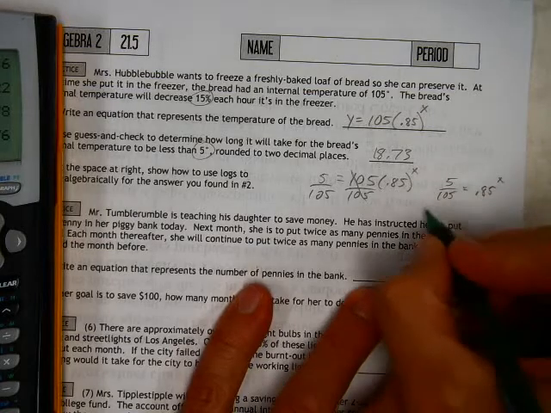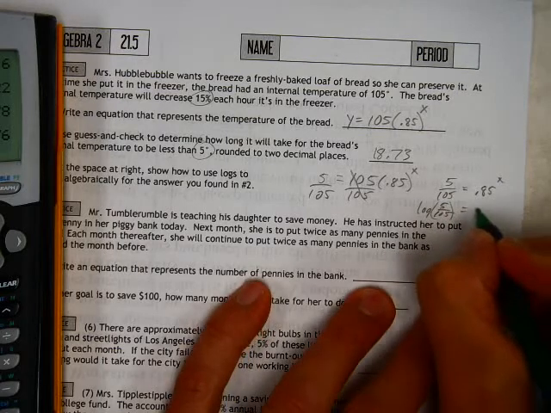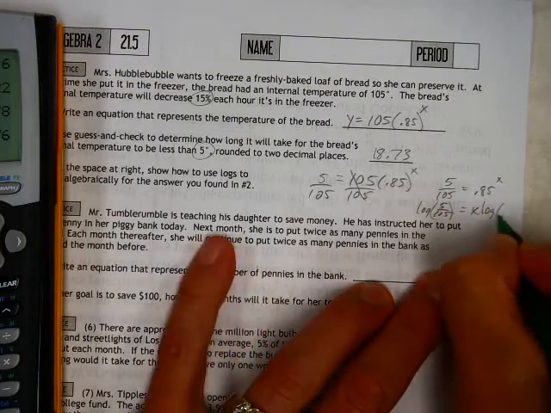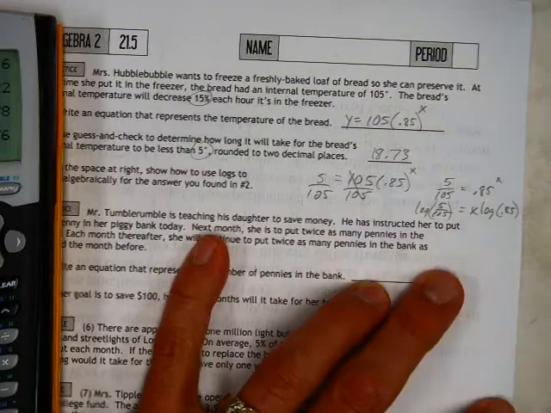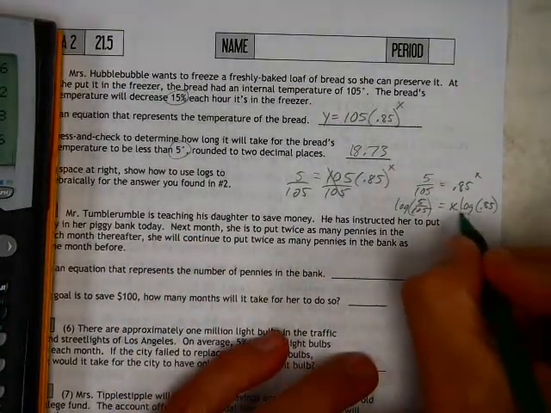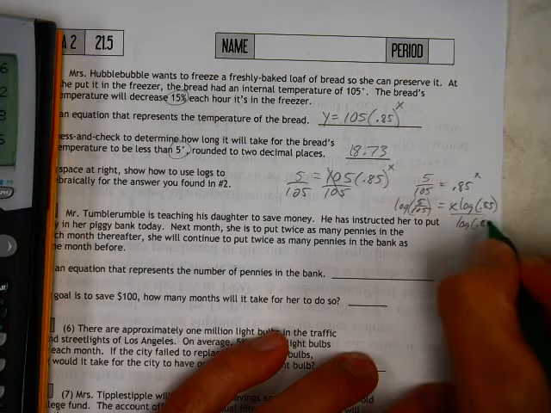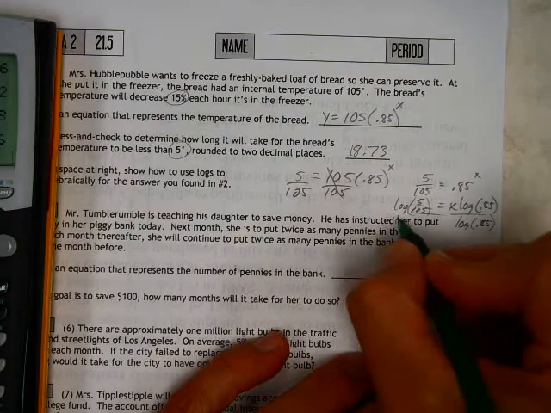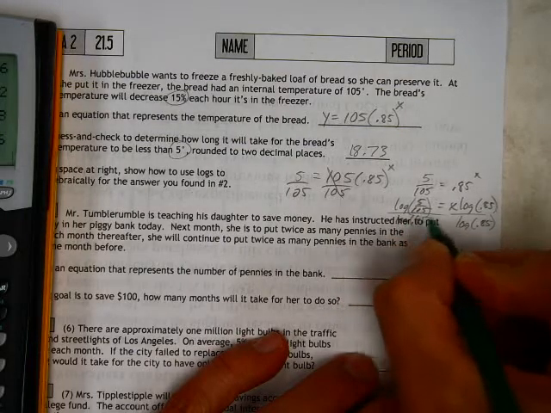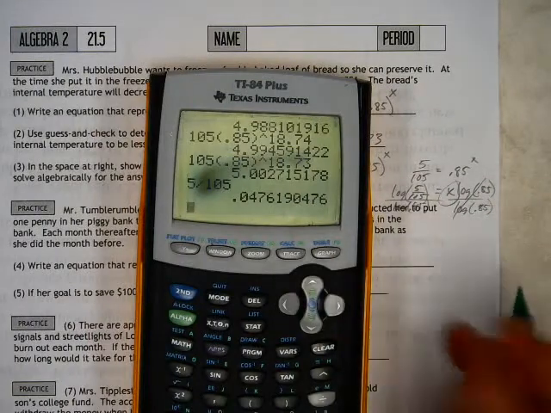If I take the log of both sides, I get the log of 5 over 105, keep that in parentheses, equals x times the log of 0.85. It's at this point that you can get that x that's out in front. If you divide both sides by the log of 0.85, and put that into your calculator as you see it, you're going to cancel this and essentially solve for x.